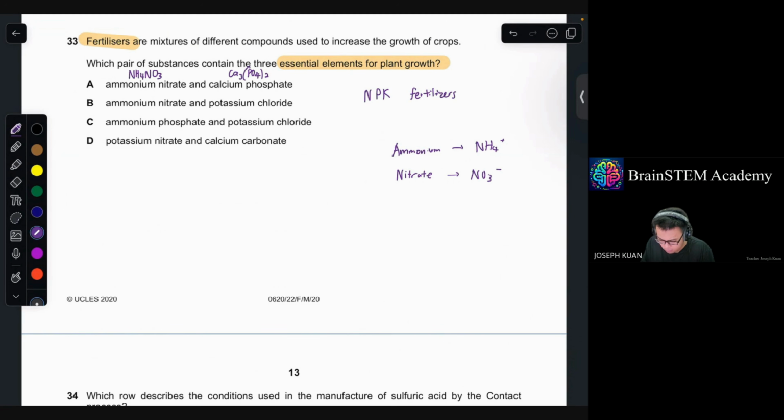What are the other molecular ions in the question? Phosphate is present, so PO4 3-, and also carbonate, which is CO3 2-. Okay, this list of molecular formulas, you have to memorize before your exams. All right, so we see in this question, which one has all NPK? That will be C, right? Because there's ammonium, there's phosphate, which has P, and then there's potassium, which has K. NPK fertilizers.